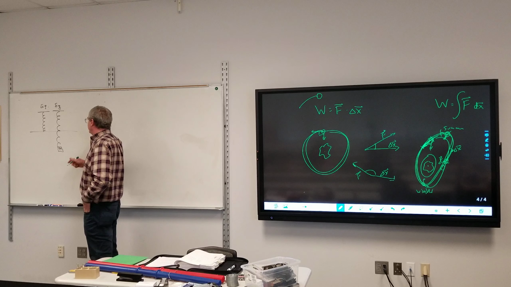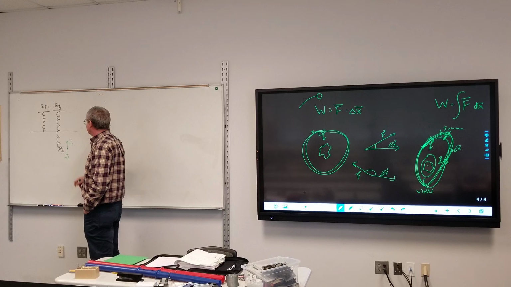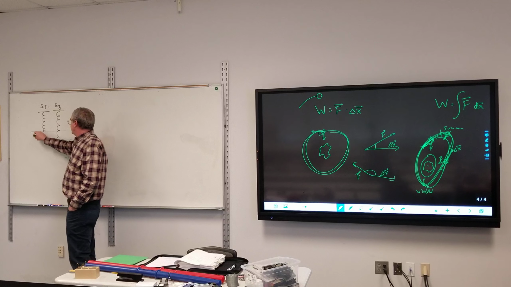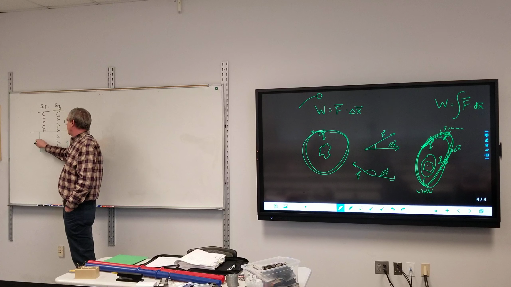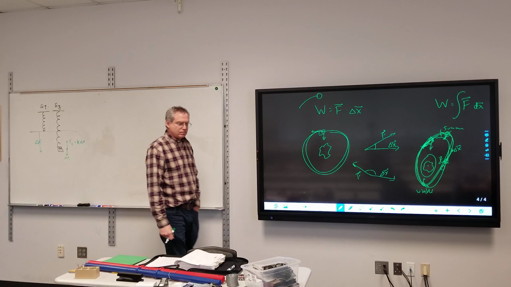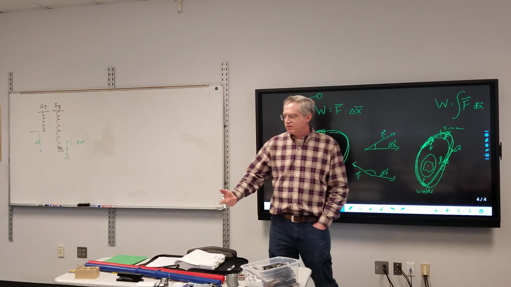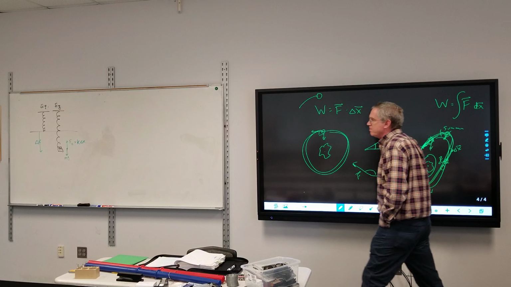All right, so at this point right here, I've got two forces acting on it. I have the weight, mg, acting down, and I have this spring force acting up. That's going to be equal to the spring constant times how far it's stretched. So that distance right there would be delta x. We did that two days ago.